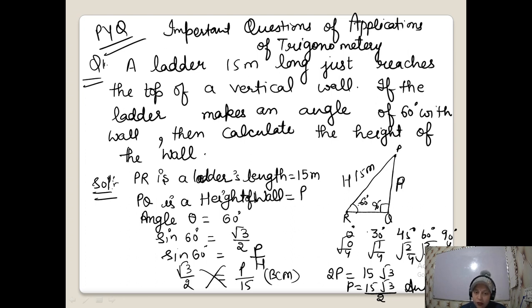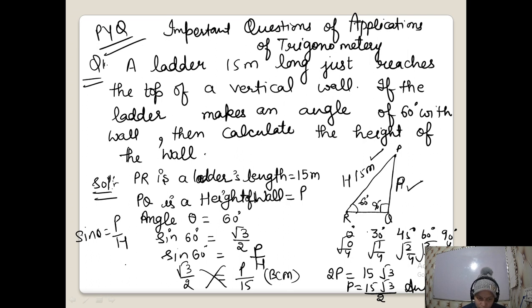I have seen that we have been given the hypotenuse and we have to find out the perpendicular. That's why we use the sin theta formula, because I know sin theta is equal to P over H.